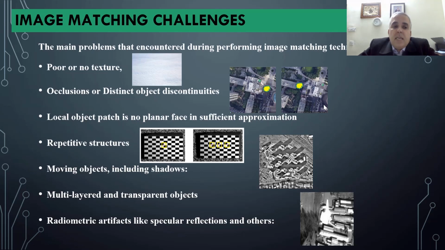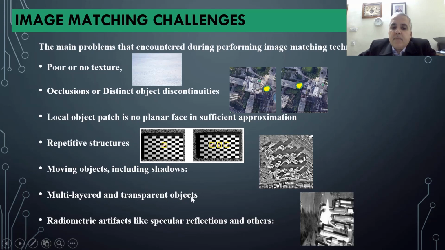Actually, the local object will be difficult to match. Repetitive structure: as you can see here, if we identify a point, there are many similar points, therefore it will fail to find the corresponding point, or there is a high probability of getting a wrong point. Shadow or moving objects will cause the image match to fail.